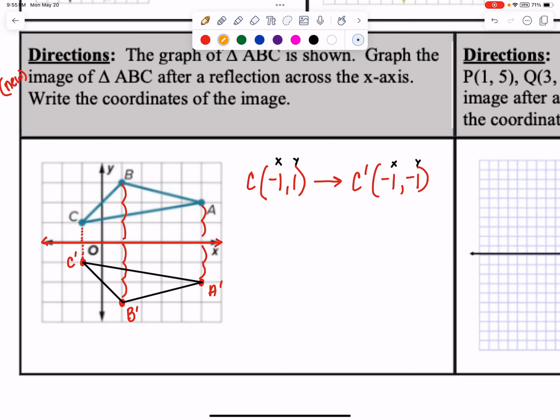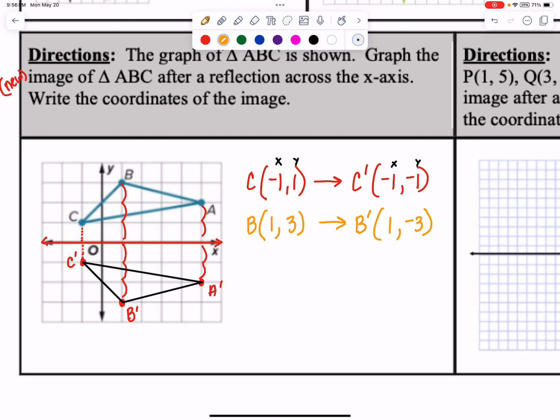All right, let's do our next one. So we have B, and its ordered pair was 1 and then up 1, 2, 3. And we reflected to B prime of still +1. So again, we're seeing this continued pattern of the x not changing, but now we are -3.